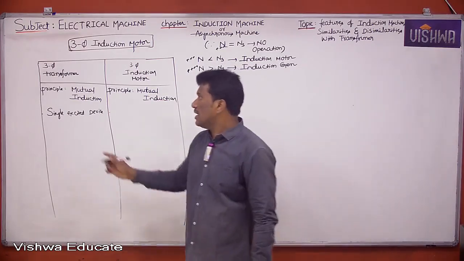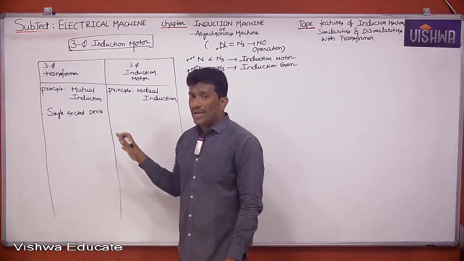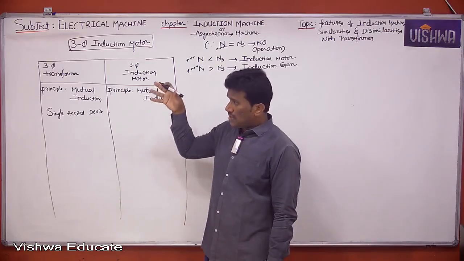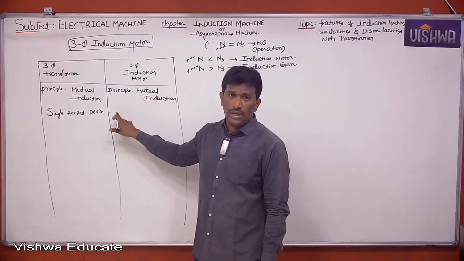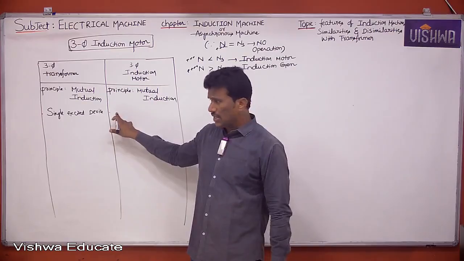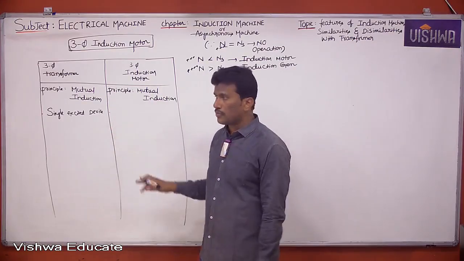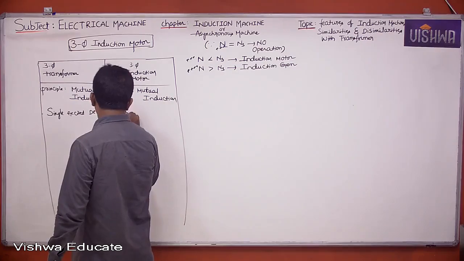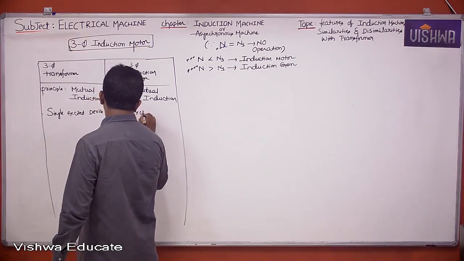That's the reason we call it a single excited device. Here also, we are giving supply only to the stator winding. Because of the same voltage source, EMF will be induced in the stator and in the rotor also. So it is also a single excited machine.